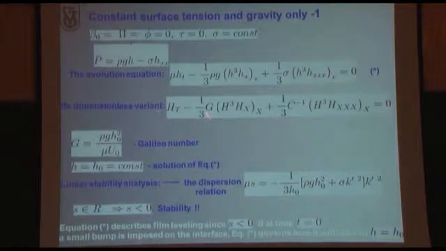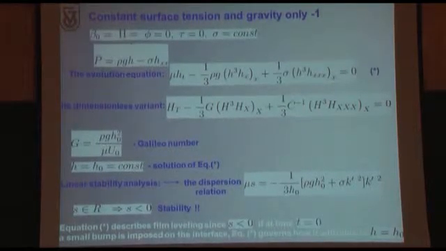Let's look first at this dimensionless version of the equation. G is called the Galileo number, defined here. The capital G, the Galileo number, is just the ratio between the gravity effects and the dynamical effects, which are shown here. U0, by the way, we have not picked yet, the typical velocity, so it stands here as is.